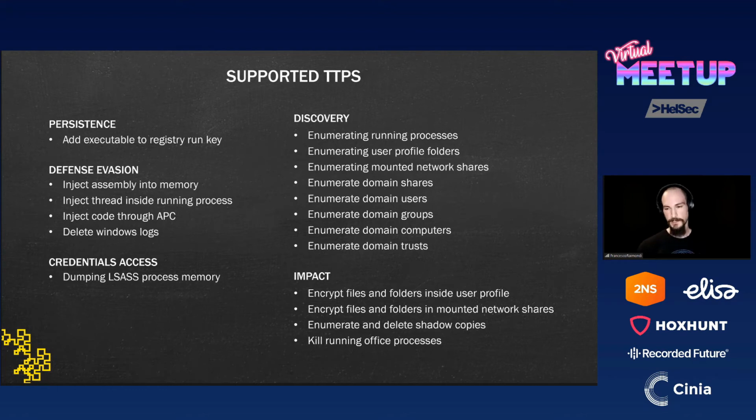We have several defensive evasion techniques, so different process injection methods like APC injection, thread hijacking, remote thread injection, and also the injection of an external DLL library. We have the removal of Windows event logs on the endpoint where Fransom is run. We have the dumping of the LSASS process memory in order to access credentials offline with Mimikatz.